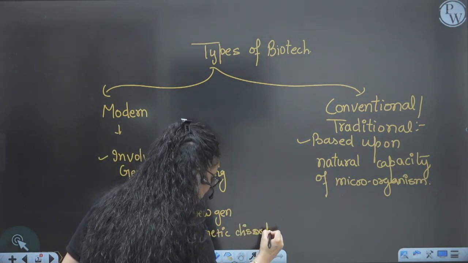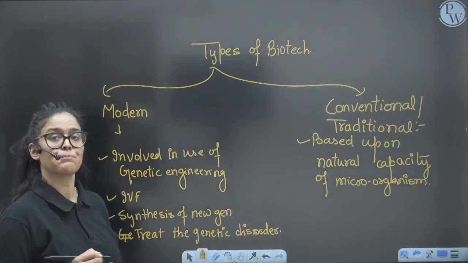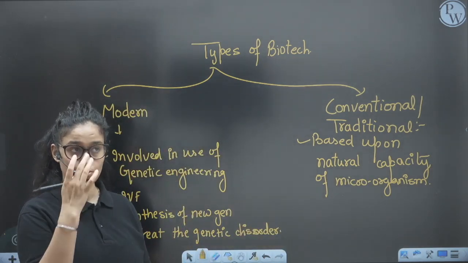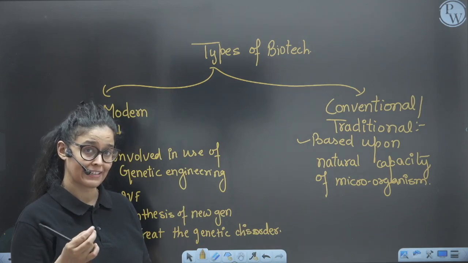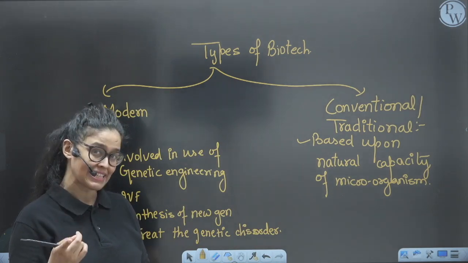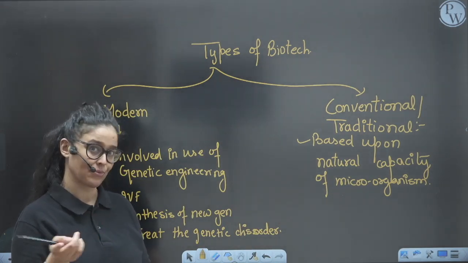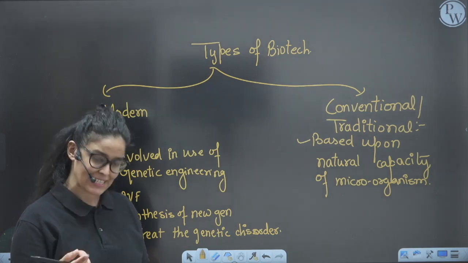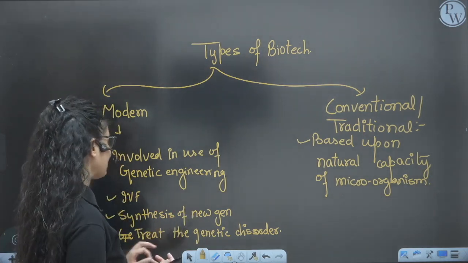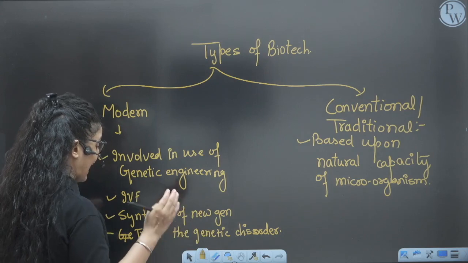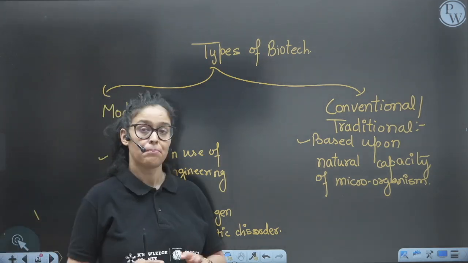We can correct the mutation at the genetic level, at the embryonic level. When we get to know that an embryo has some genetic disorder, we can replace the defective gene with the good, normal gene. So yes, that is also possible. Correcting the defective gene and treating the genetic disorder at the embryonic level is actually possible, right?